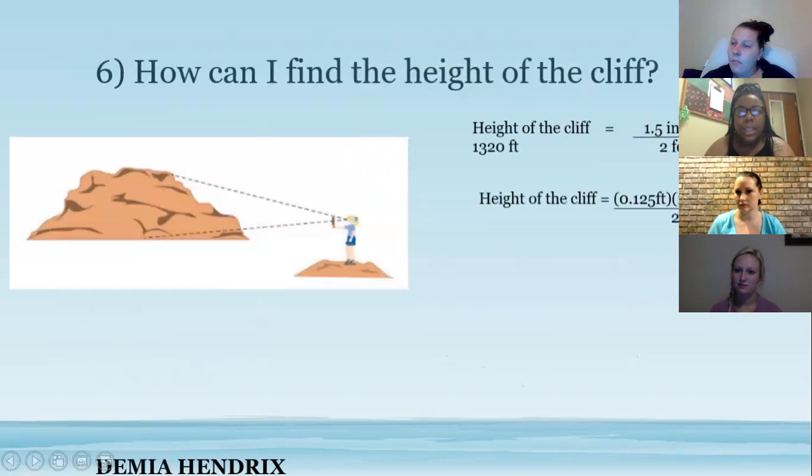So first things first, you're going to want to convert everything to feet so you're not dealing with 2 different measurements. So I have the height of the cliff equals 0.125 feet times 1,320 feet, all divided by 2. And when you divide that together, you're going to get like 82.5 feet, and round that off, you're going to get 83 feet. So that is the height of the cliff.